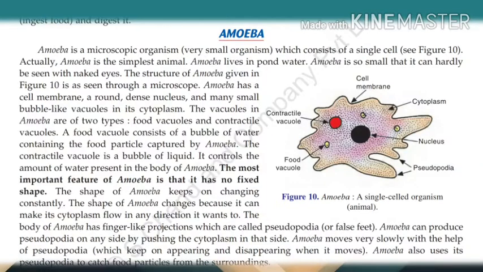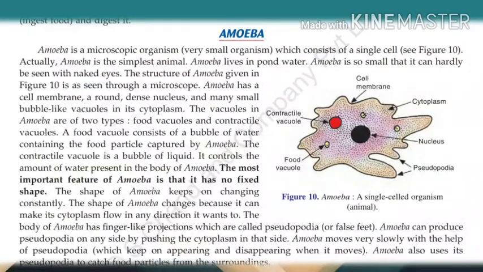The shape of amoeba keeps on changing because it can make its cytoplasm flow in any direction it wants to. So it has the capacity to flow the cytoplasm in any direction, and in whichever direction the cytoplasm flows, in this way the shape changes. Okay, all right.